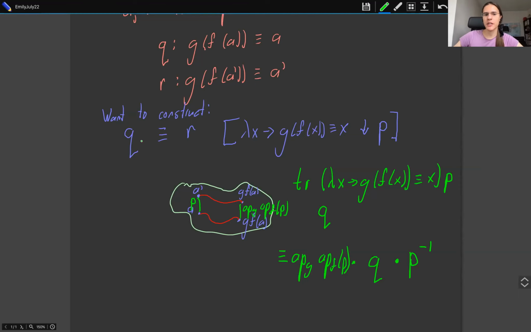Well, we have a characterization of these dependent paths over as being transport of the left-hand side is equal to the right-hand side.